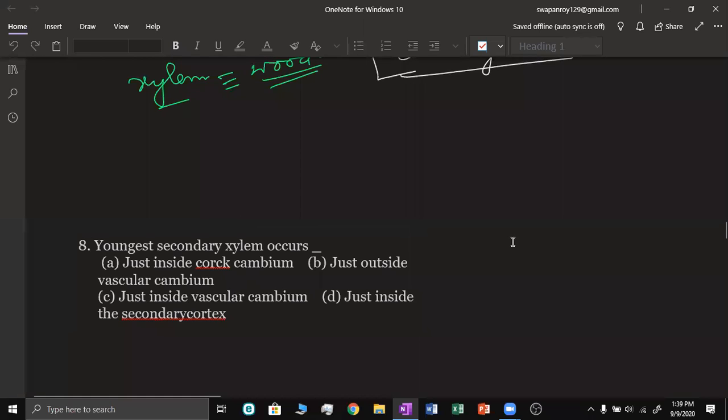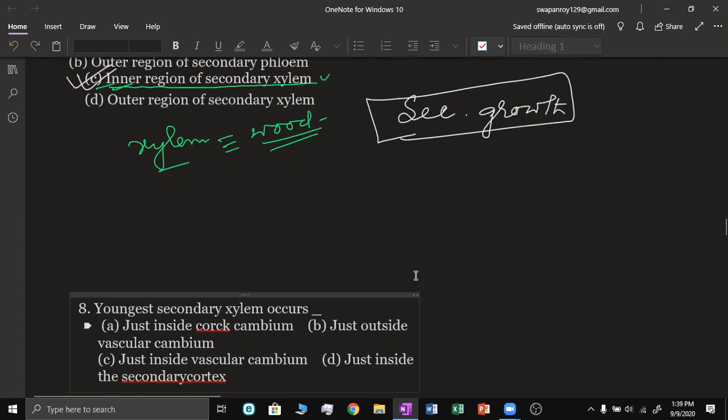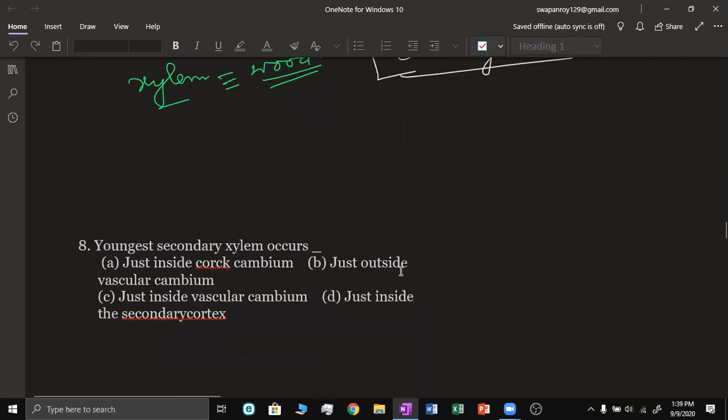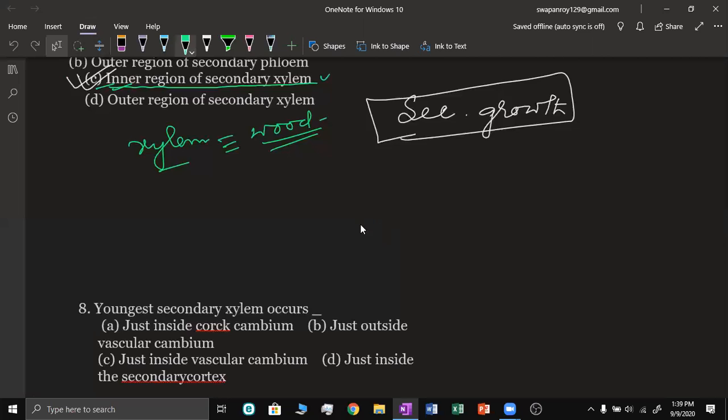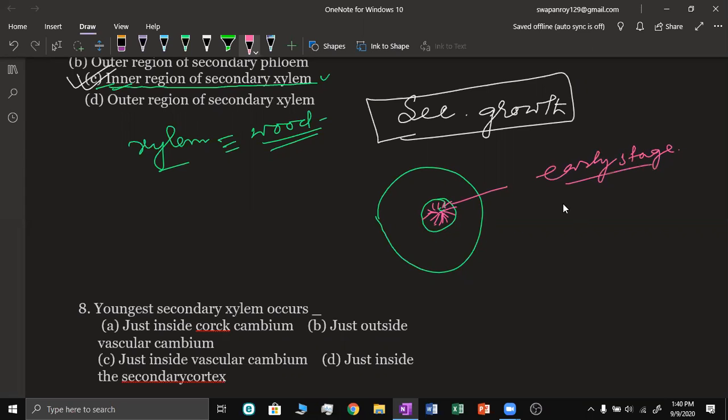So heartwood and the sapwood: during secondary growth, the secondary xylem tissue which has been formed towards the center, in the earliest stage, those tissues become dark and gradually dead.